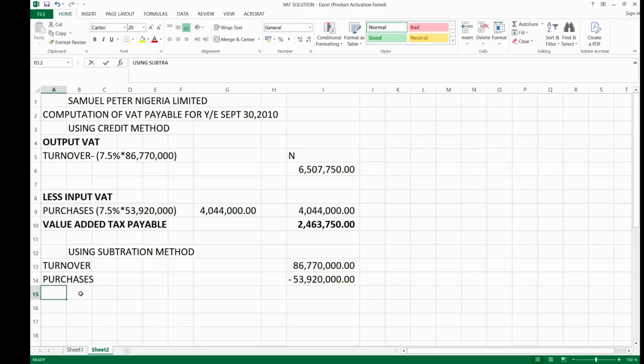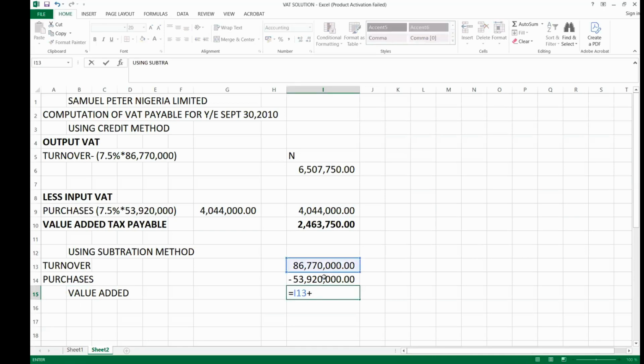So what you now have will be the value added. This value, which is this minus this, will give you the value added. You now apply the VAT rate to this value. And what is the rate of VAT? 7.5%.